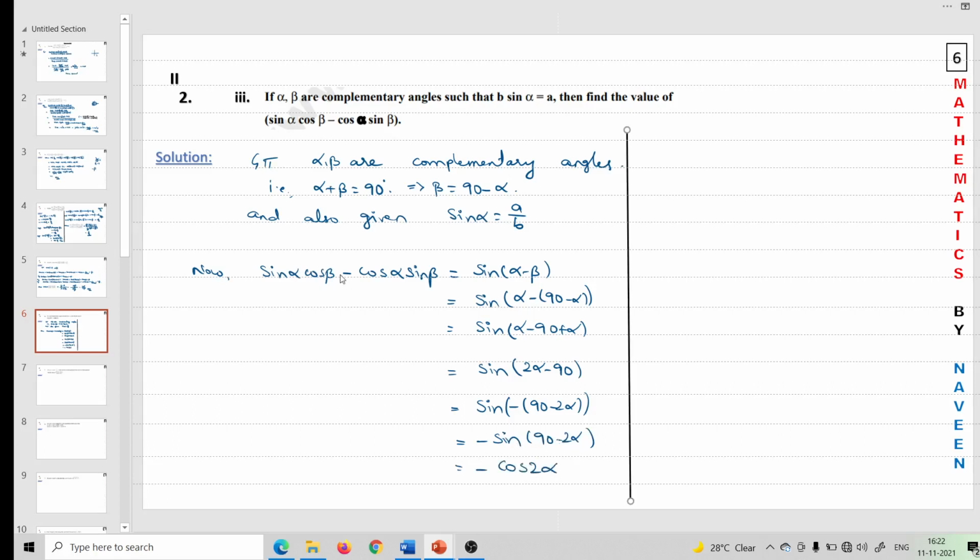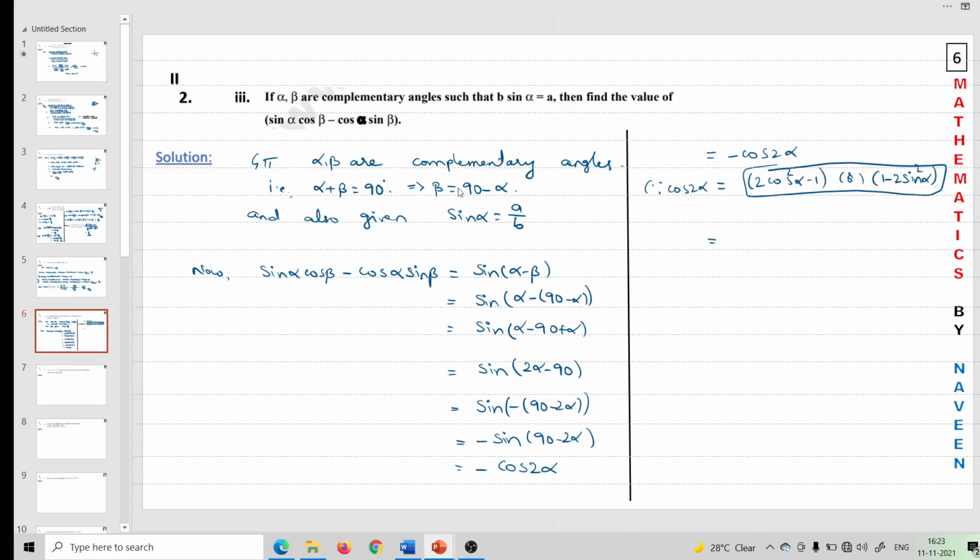Clear? So finally this value equals minus cos 2 alpha. The formula for cos 2 alpha is 2 cos square alpha minus 1 or 1 minus 2 sin square alpha, right? So these are two formulas of cos 2 alpha, and you can use either one. I am using the formula 1 minus 2 sin square alpha.